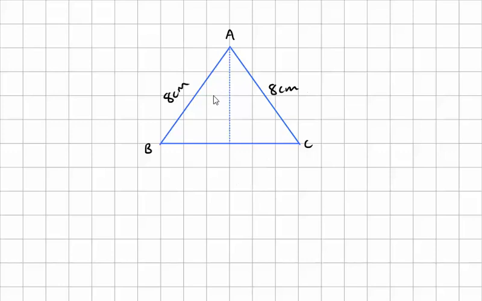We know this is the height of the triangle. Now if I split an isosceles triangle down the middle, I create 2 right angle triangles. It says, what is the perpendicular height? Perpendicular means at right angles. It tells us that the angle ABC is 64 degrees. We've got to find H.